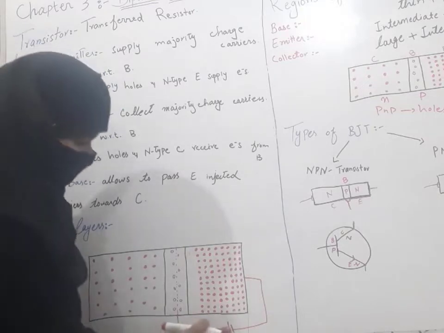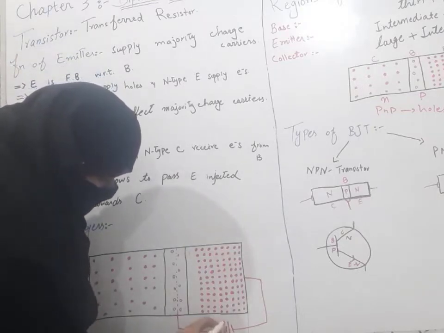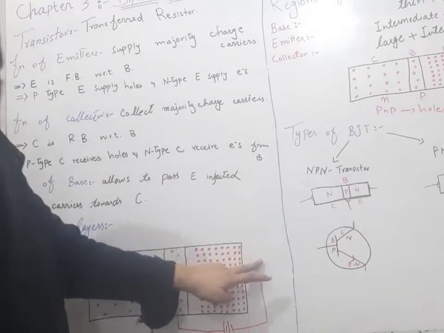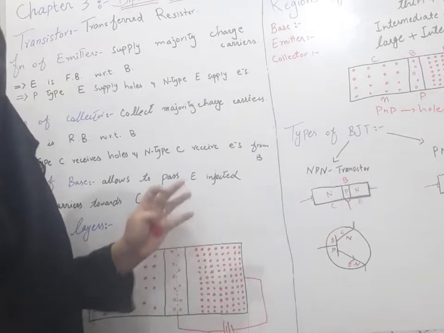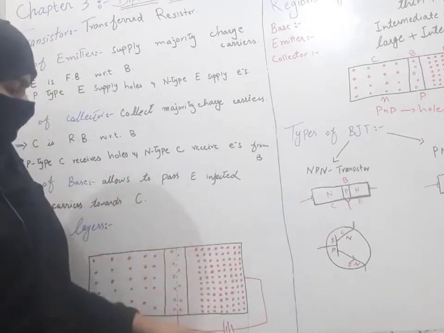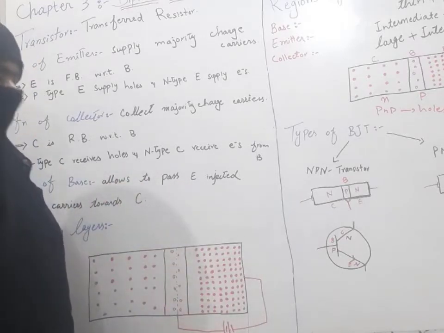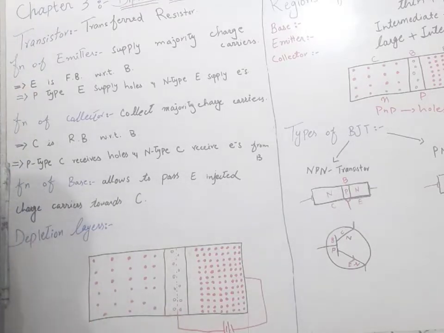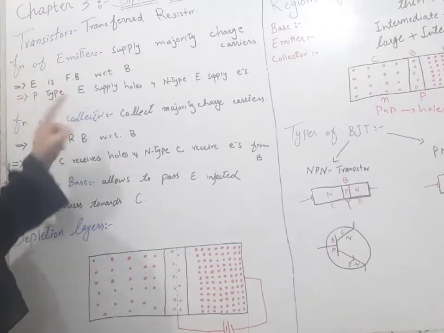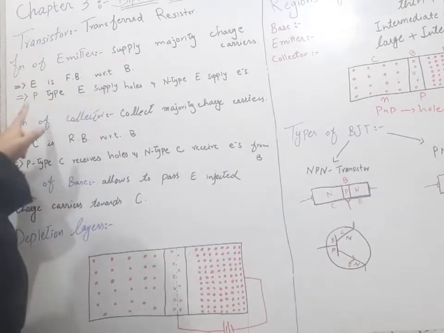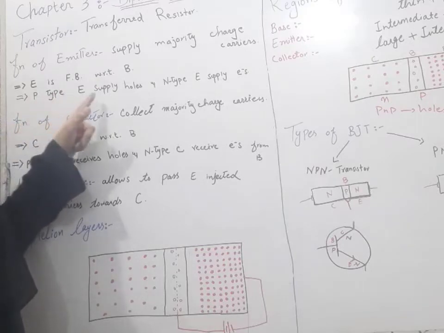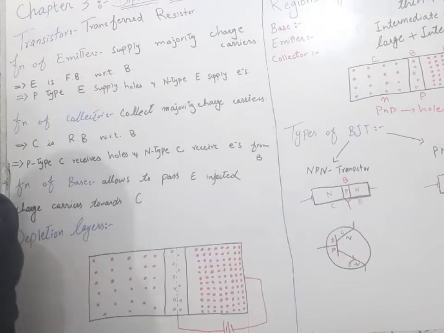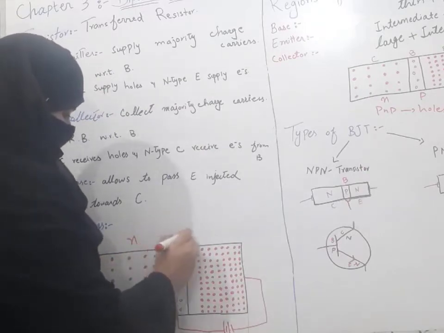To make our emitter forward biased, we have to connect our n-type emitter with the negative terminal of the battery, and the base will be connected to the positive terminal of the battery. So the emitter will always be forward biased with respect to base. A p-type emitter supplies holes and an n-type emitter supplies electrons.